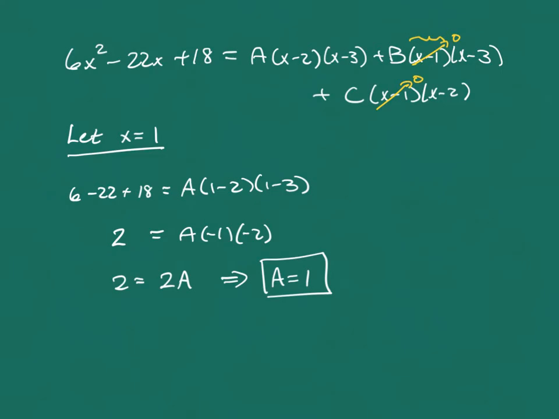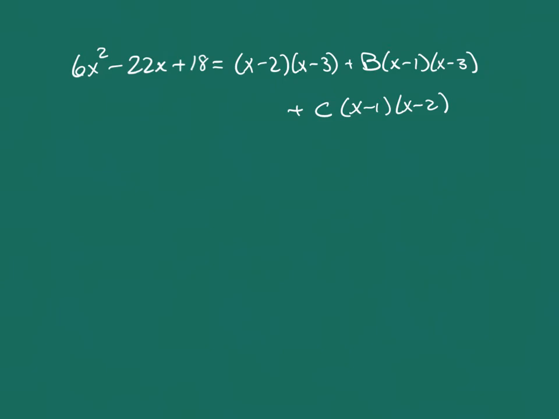Now let's see what happens with b and c. From the last one, we knew that a was going to end up being 1. And so what happens if I choose a different value? Well, what I notice with my b term, I'm missing a factor of x minus 2. So let's say that we let x equal 2.